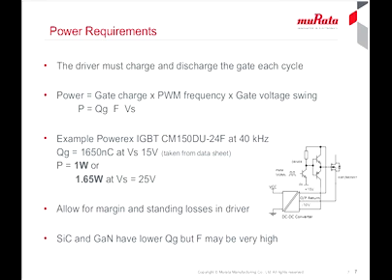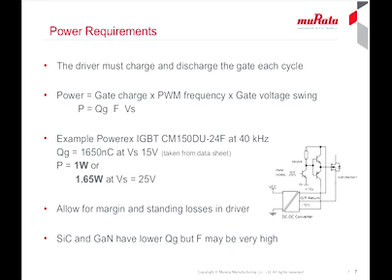Each switching cycle, this capacitance is charged and discharged with pulses of current by the driver. Remembering our school physics, we get the result that the power required is the gate charge times the switching frequency times the voltage swing on the gate, or QG times F times Vs.